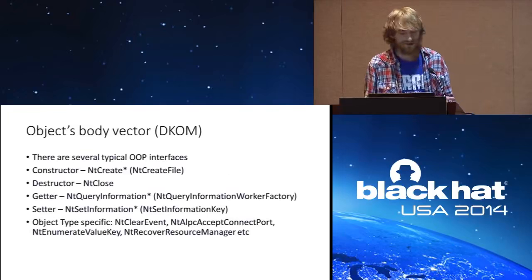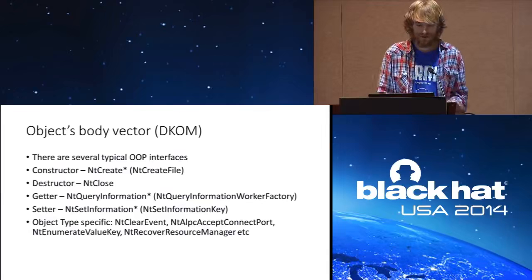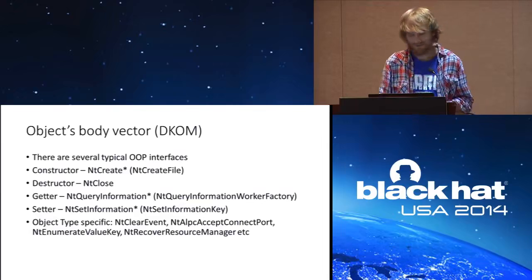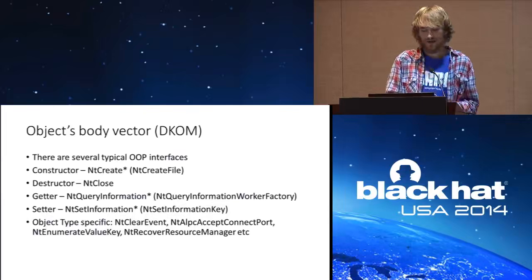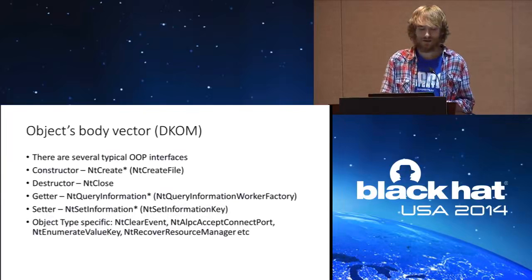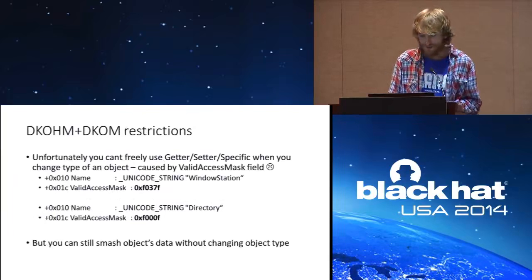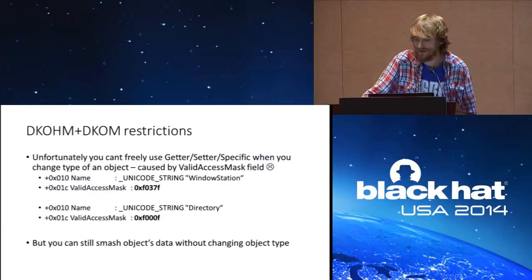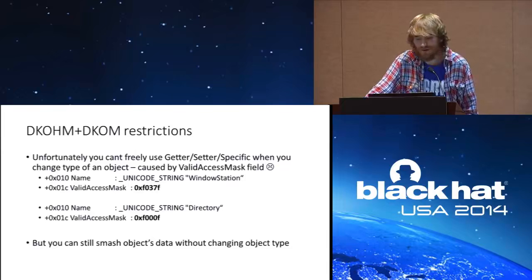Also, objects have typical OOP interfaces. For example, constructors like create file, create event, create semaphore. Destructor is one, it's just close handle or entity close. There is also a getter and setter, and a lot of type-specific system services. But unfortunately, my idea was, okay, this is very nice, so you can just change the object type to a different one and find a system service that reads or writes memory.